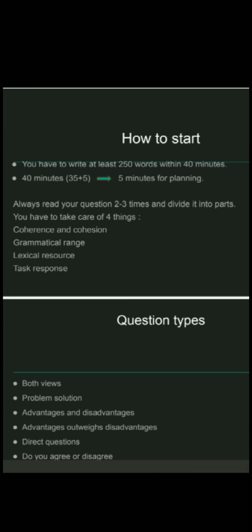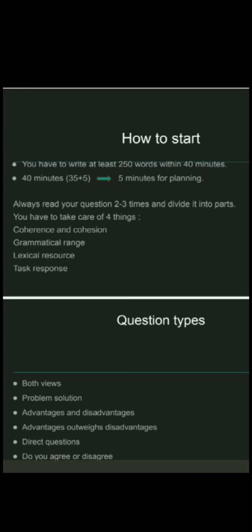Grammatical range is how you are showing your grammar through your sentence structure. How you are writing sentences by using different kinds of tenses. Third is lexical resources. Lexical resources means vocabulary, how you are using word meanings very well according to the task which is given.